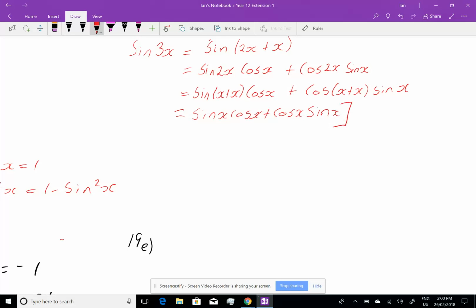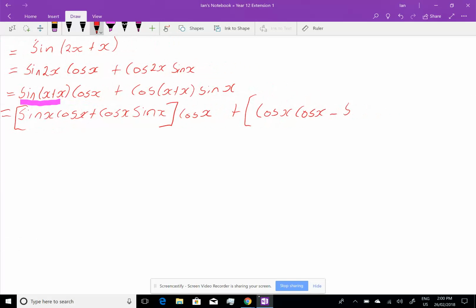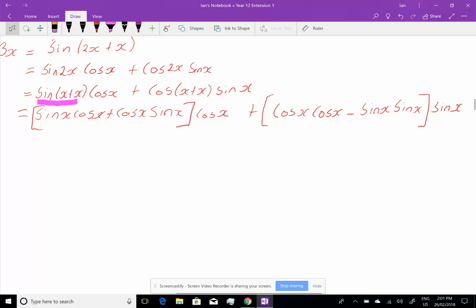I'm going to put that all in brackets because that's the expansion of that, and I've got to have a cos x outside of it. Now plus cos 2x, which I'm going to put in brackets as well: cos x cos x minus sine x sine x, and I'm going to have a sine x outside of that. So you can see it's pretty long.